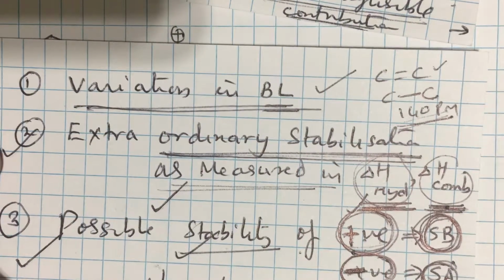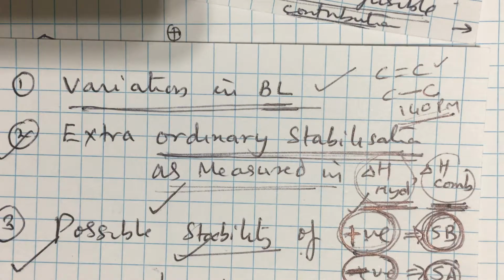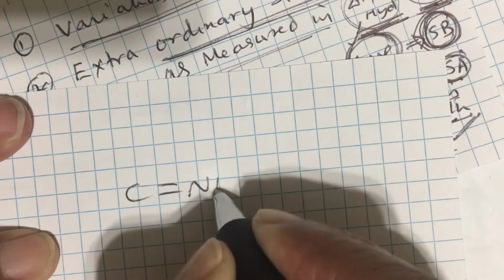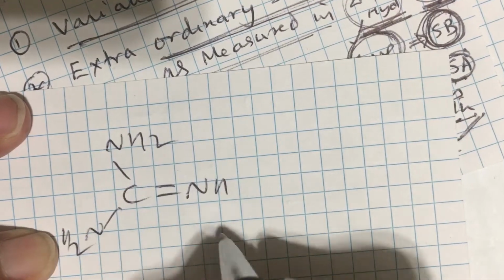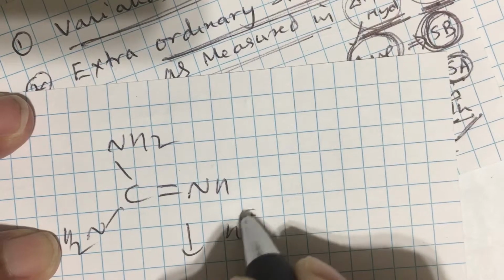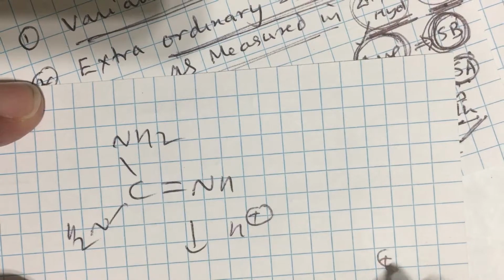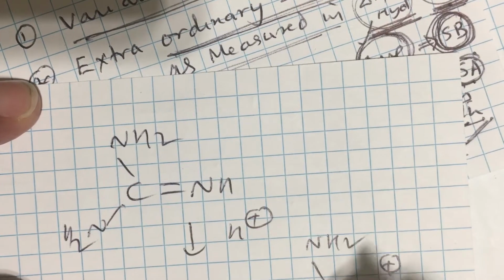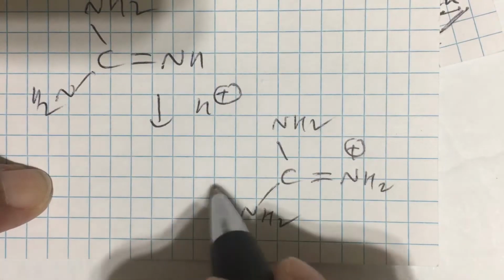For example, guanidine can show extraordinary basic ability because the guanidinium ion is resonance stabilized. Very quickly we can see, this is called guanidine. When it captures a H plus, behaving like a base, it gives the guanidinium ion. This guanidinium ion has three equivalent resonance canonical forms.